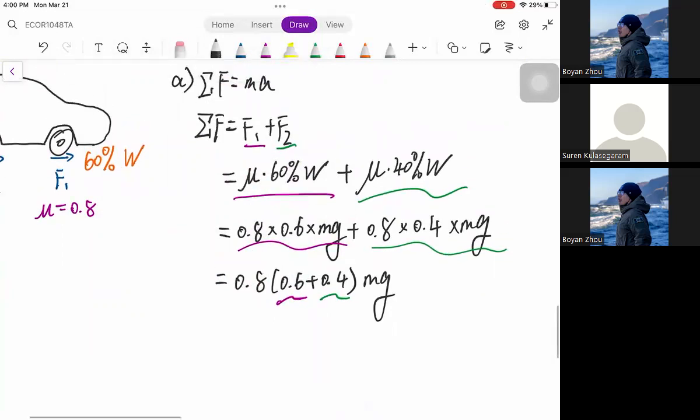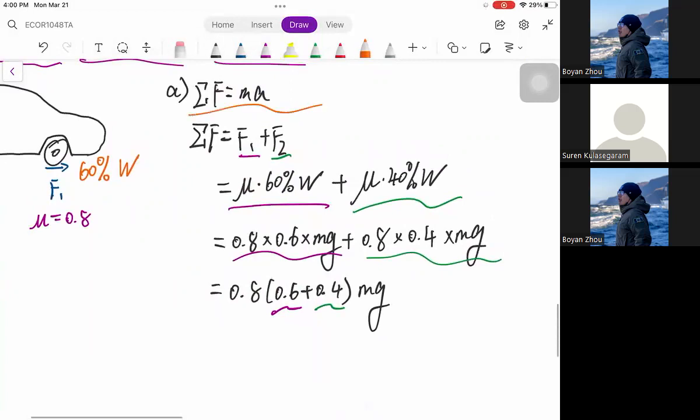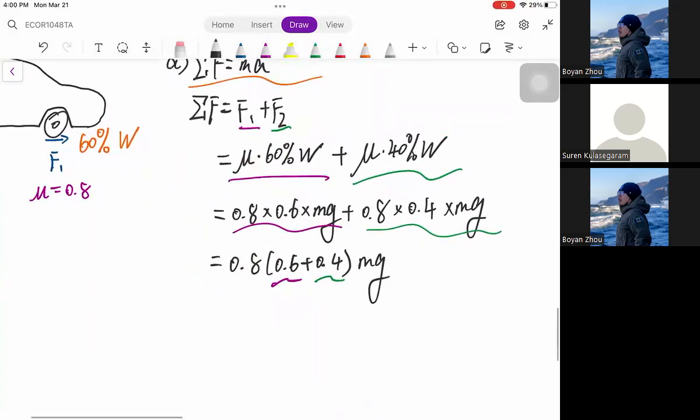And then the resultant force is going to be equal to ma, Newton's second law. So we have 0.8 times (0.6 plus 0.4), that is 1, times mg, is equal to m times a.